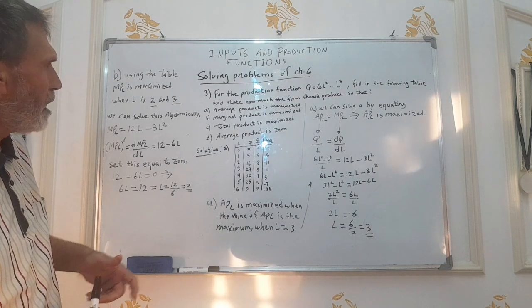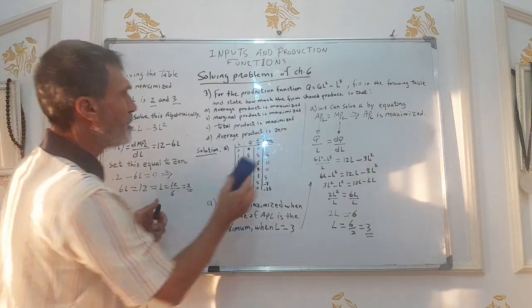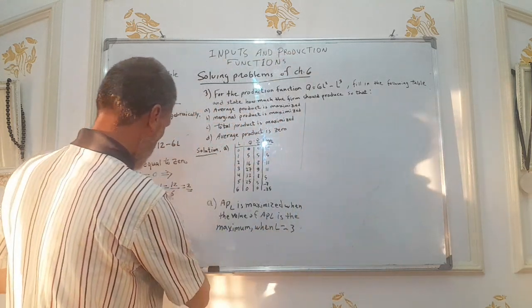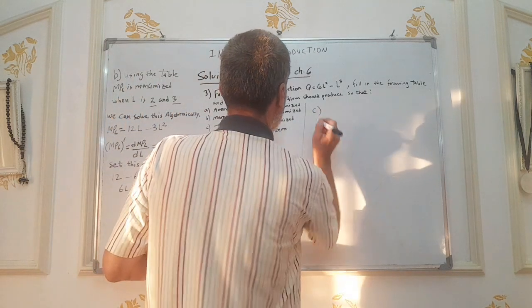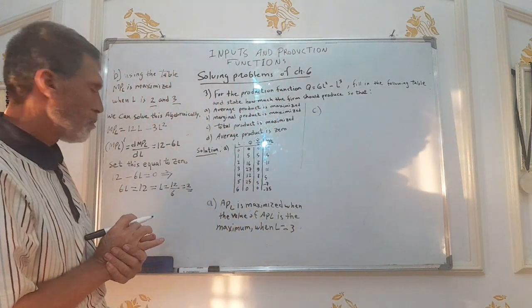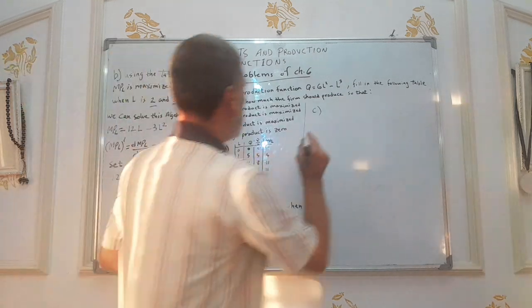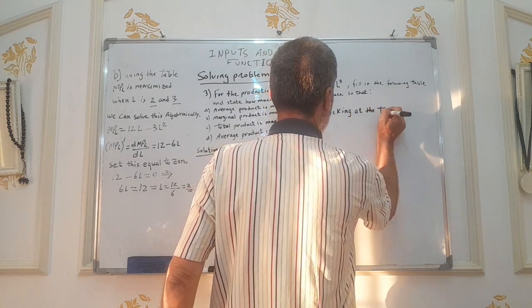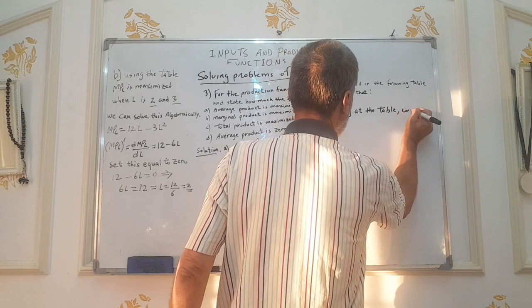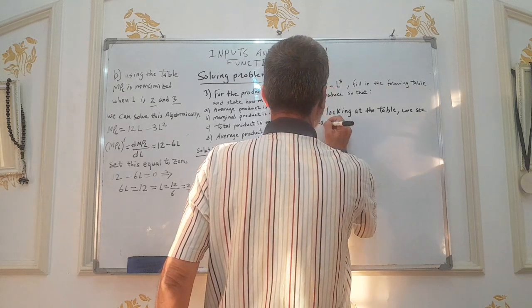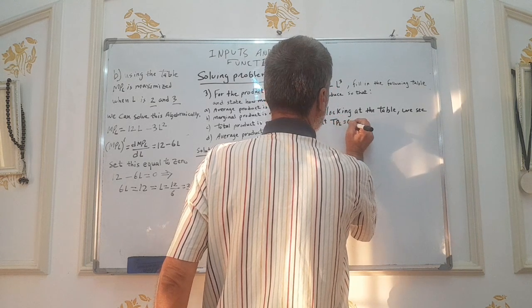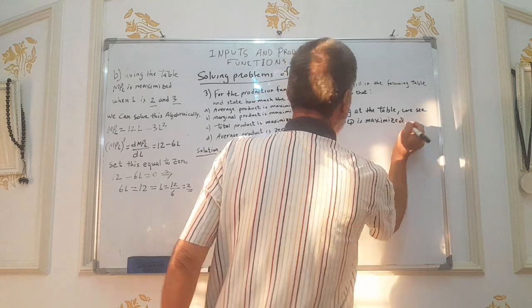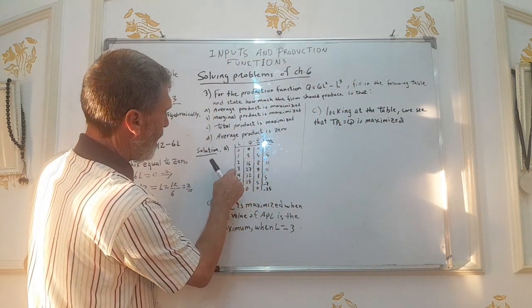Part C: total product is maximized. The total product, as we said, is Q. Looking at the table, we see that total product of labor, which is Q, is maximized when L equals 4.